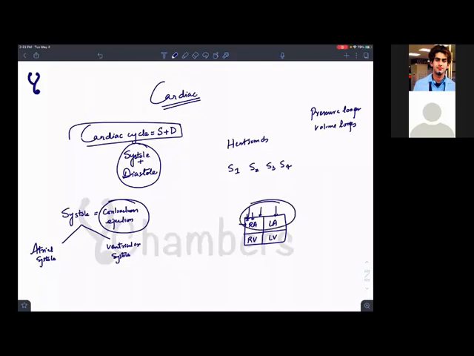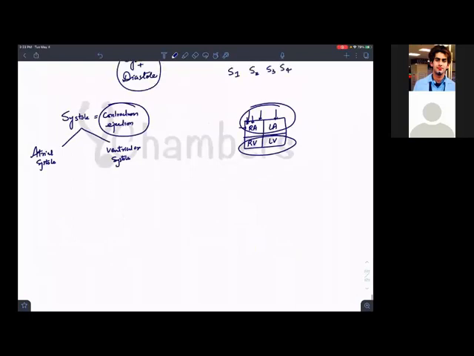If ventricles are contracting, I will say ventricular systole. Or I can say atrial contraction or ventricular contraction. Atrial systole will pump the blood into the diastolic ventricles. I will be telling you the meaning later. First, atrial systole, ventricular systole.